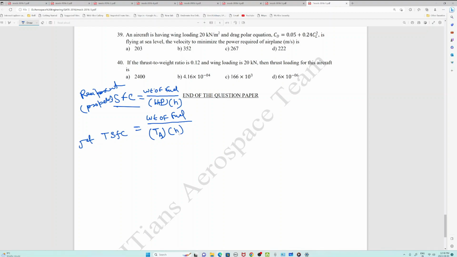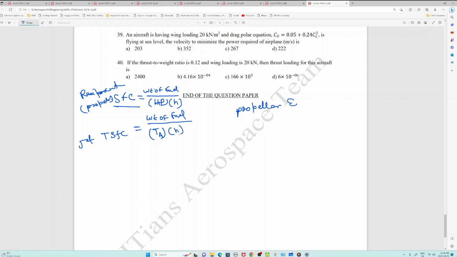So guys, if you understand the definition of SFC, then automatically you can answer all the questions related to the range and endurance. Now suppose, guys, we are talking first about a propeller engine or reciprocating engine.